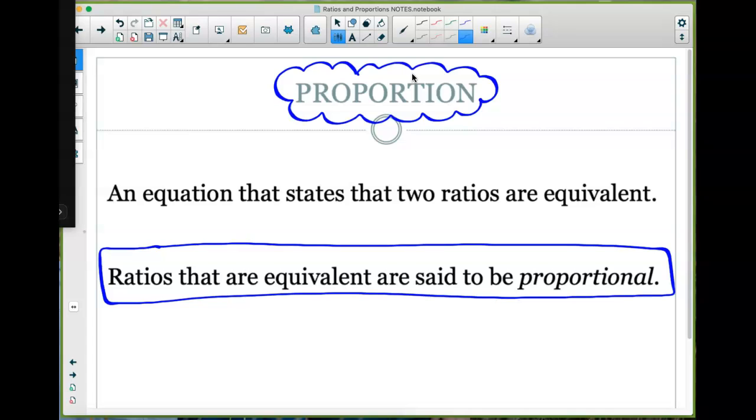Okay, and we have two ways that I'm going to show you to tell whether ratios are equivalent, okay? And if they're equivalent, then we say they form a proportion or a proportional.